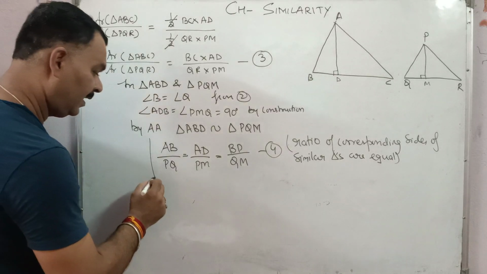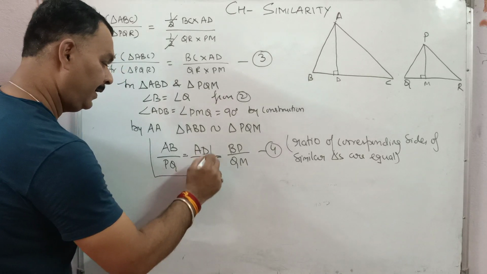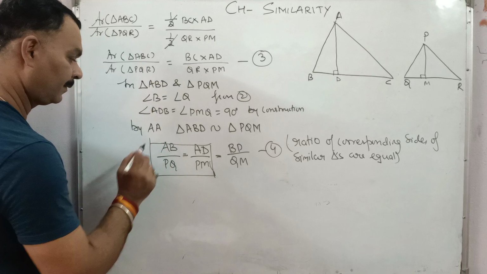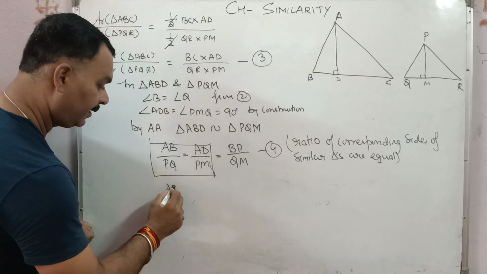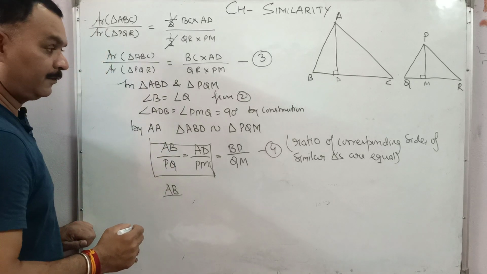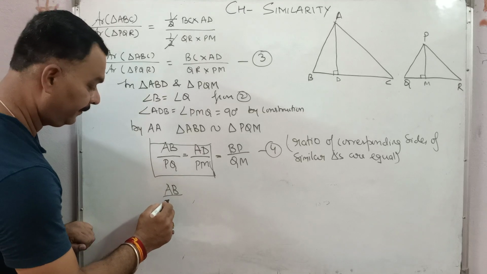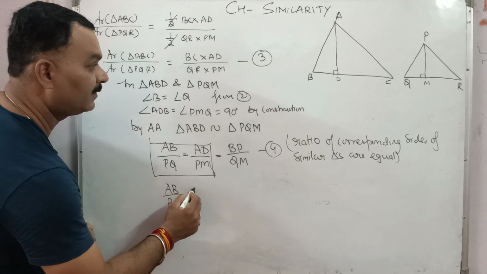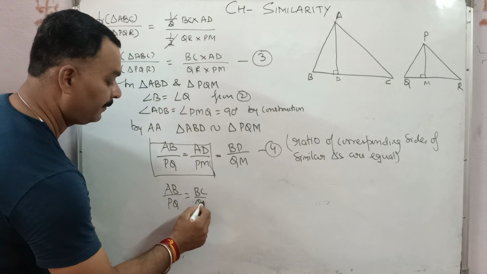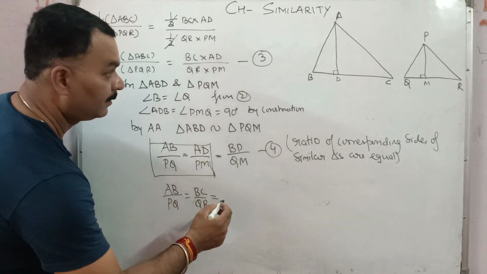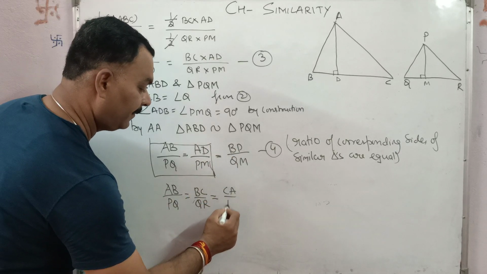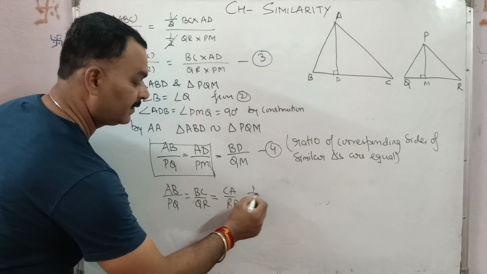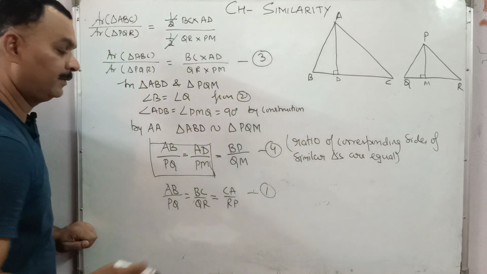Now from this, AB upon PQ is equal to AD upon PM, and we had written initially in equation 1 that AB upon PQ is equal to BC upon QR is equal to CA upon RP. That is the first equation which we had formed.